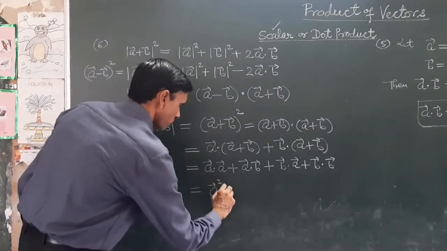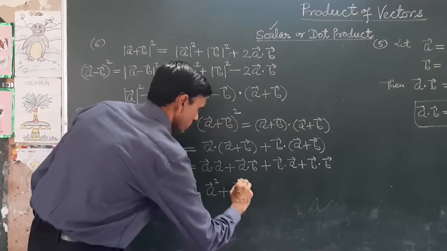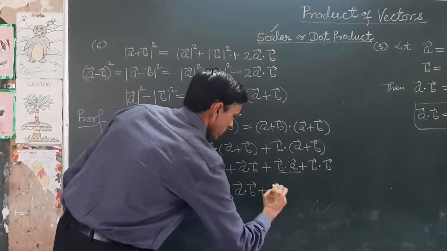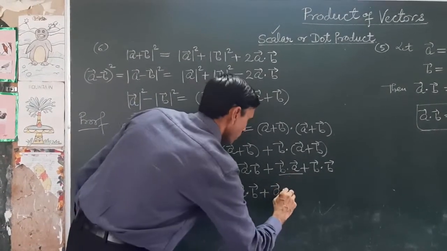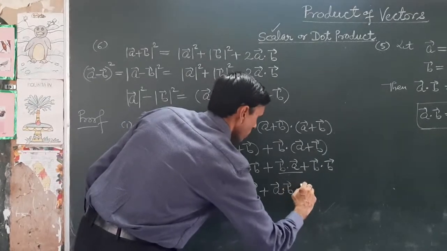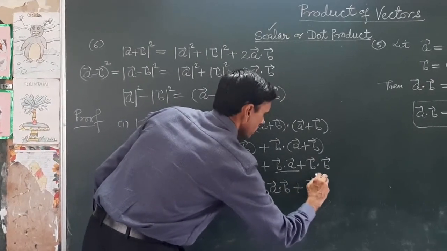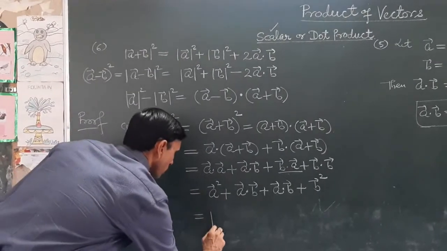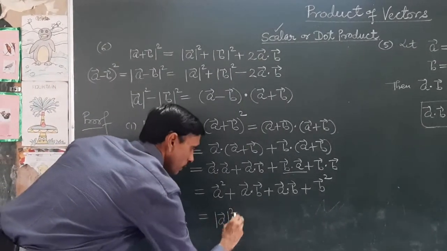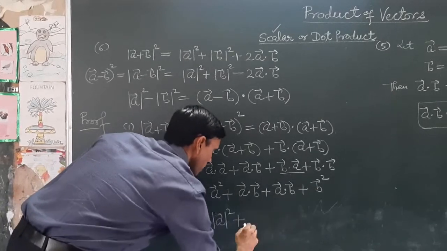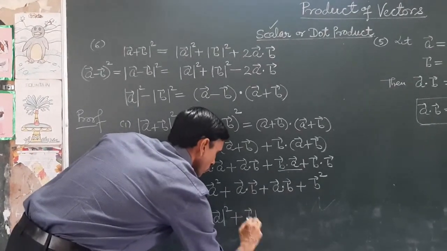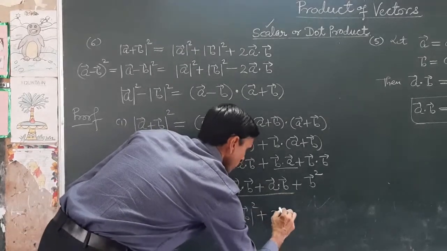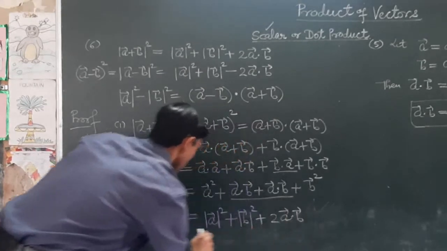It is a square, you know. This is a dot b. You know b dot a and a dot b are the same. We have already stated the commutative rule. b dot b is b square. So coming to the conclusion, a square is modulus a square, this b square is modulus b square, and this is 2 a dot b. What is this?